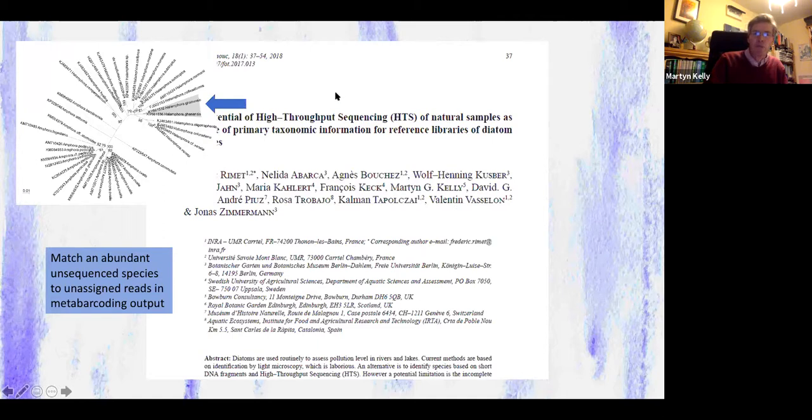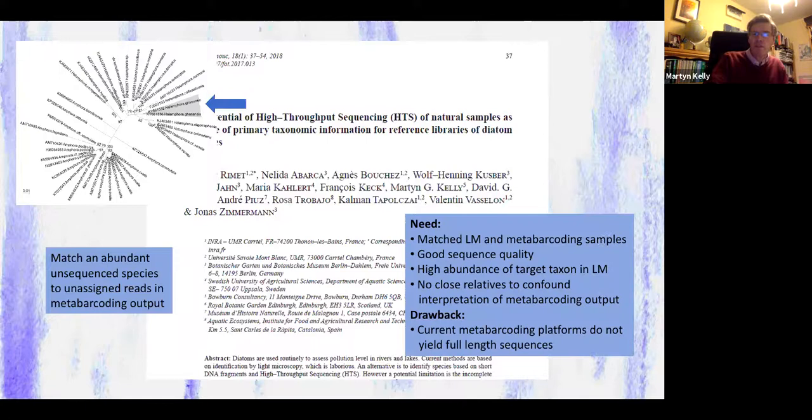So here's an example. Frédéric had a light microscopy sample. He found Halamphora garnensis, not something in the barcode library, went to the metabarcoding output, used phylogenetic methods to identify the reads that corresponded to Halamphora, and from that was able to identify a sequence that was equivalent to Halamphora garnensis. Now, to do this, you need matched light microscopy and metabarcoding samples.